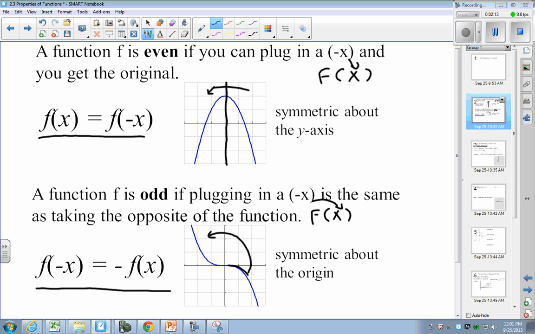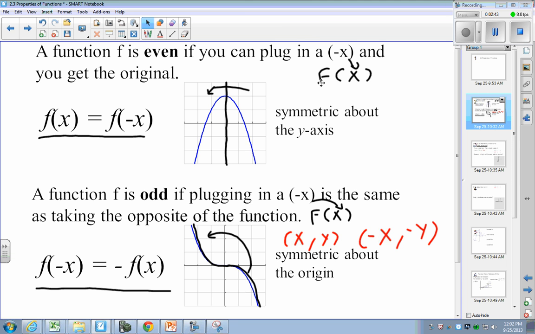And it doesn't matter which quadrant, it's like flipping 180 degrees. Another thing to look at here with symmetric about the origin is you have some point x comma y, which is a point on your graph. If it's flipped 180 degrees, you just get a new point that's negative x, negative y. Okay, so that's symmetric about the origin.